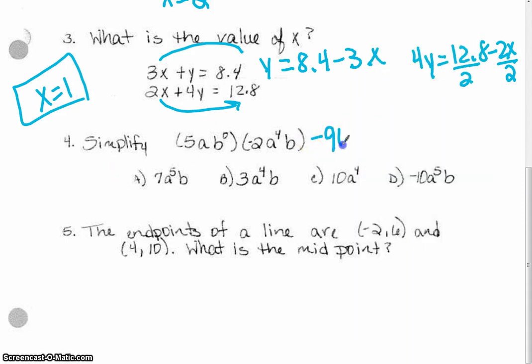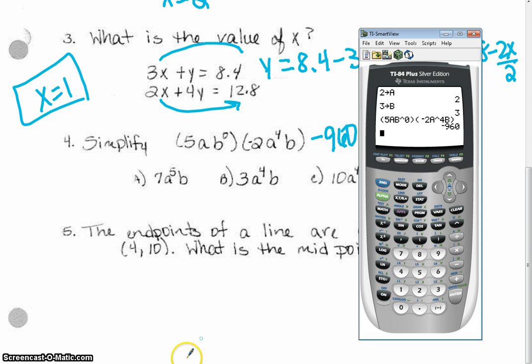I'm going to write that down so I know that I am looking for negative 960. So we're going to try 7 alpha a, rooftop 5, alpha b. And it is 672, not what I'm looking for. 3 alpha a, rooftop 4, alpha b.